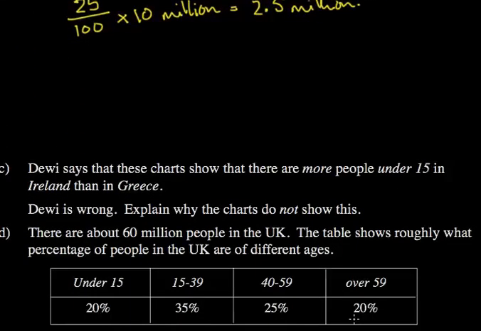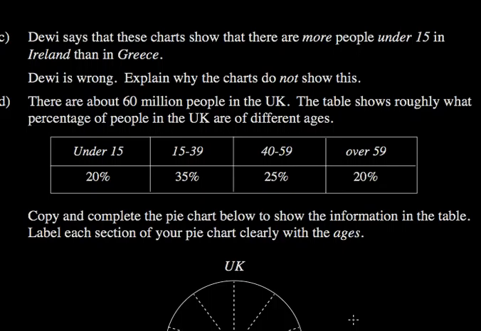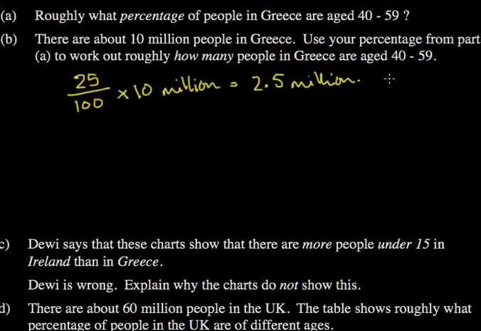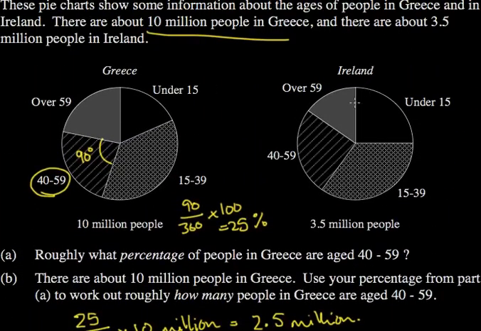Right, now what about part C? It says that these charts show that there are more people under 15 in Ireland than in Greece. This is slightly different to what we have been talking about before. So under 15 here, you can see that this area is smaller than that area there.